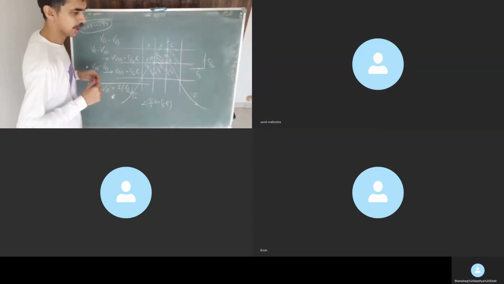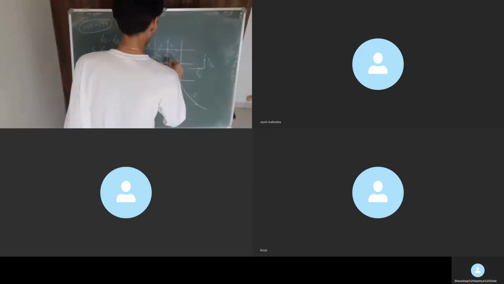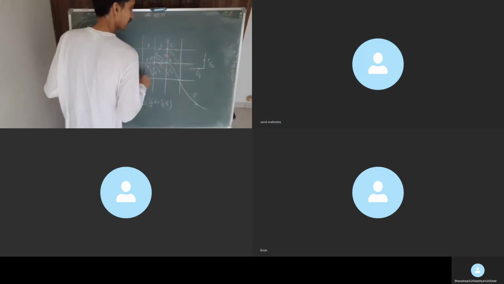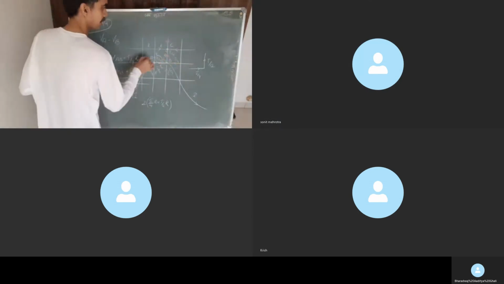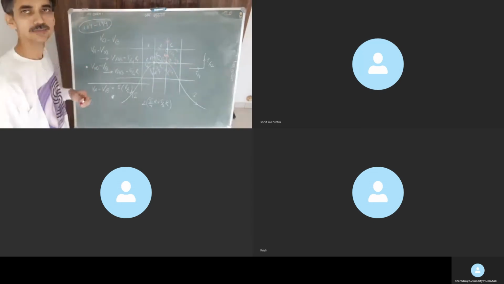One thing we are sure of, that these branches, this will see I by 4, agreed? This will see I by 4, agreed. This will see I by 4, agreed. And this will see I by 4. Right?